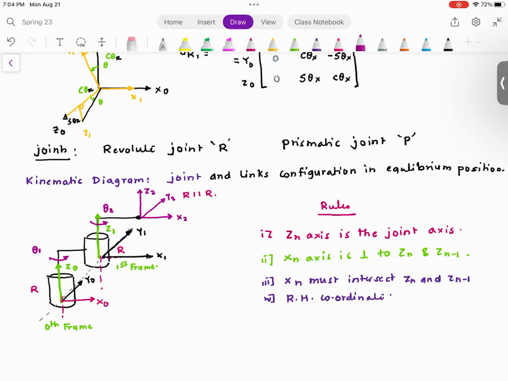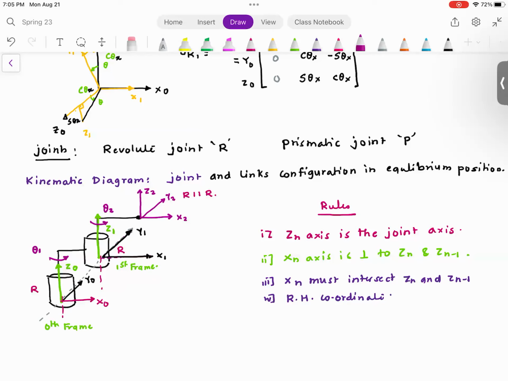I would explain this one more time. Whenever you have a robot, you would have to draw the robot as combinations of revolute joints, prismatic joints, and links. The robot may have some weird shape, but at the end of the day, you need to represent that as combinations of revolute joints, links, and prismatic joints.